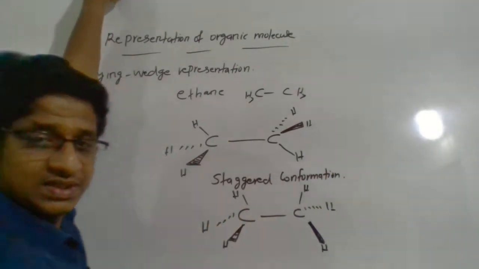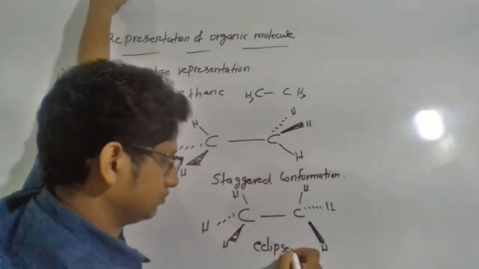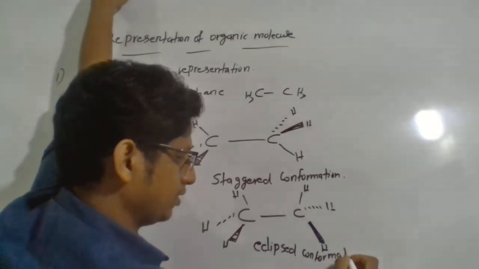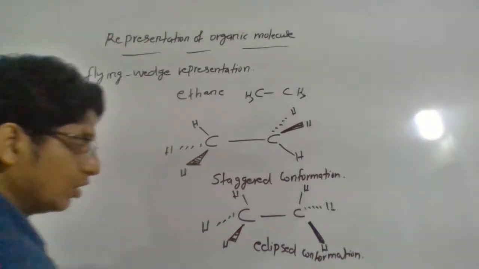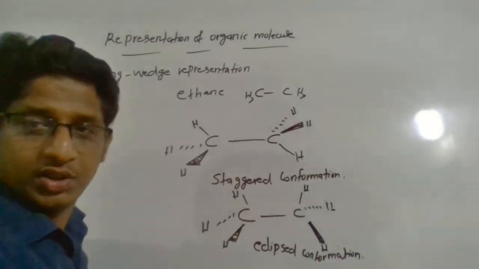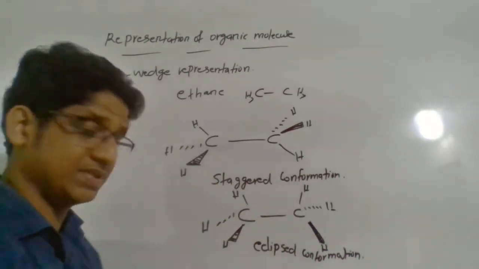This we will say is an eclipsed conformation. So we represented two spatial arrangements of the ethane molecule: one is called staggered conformation, the other eclipsed conformation.